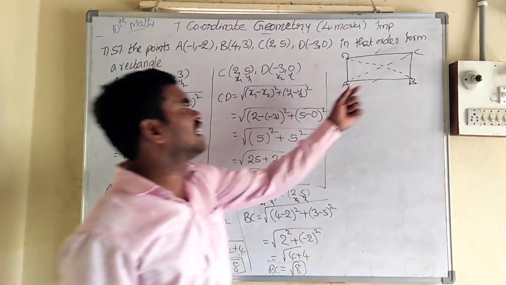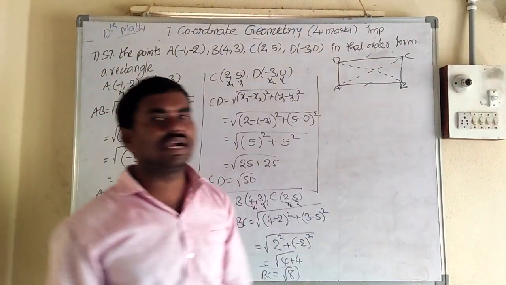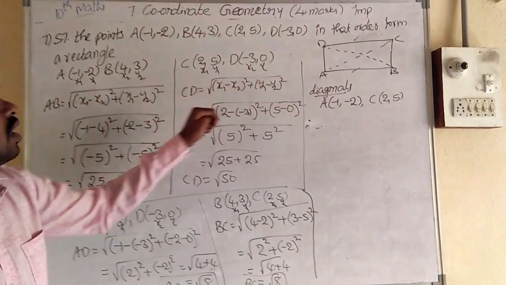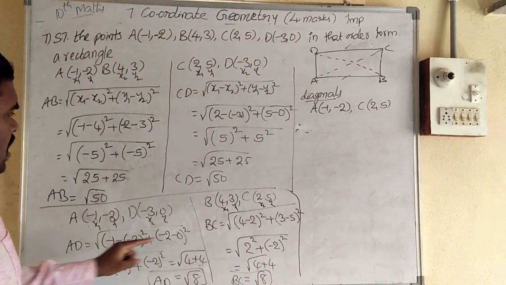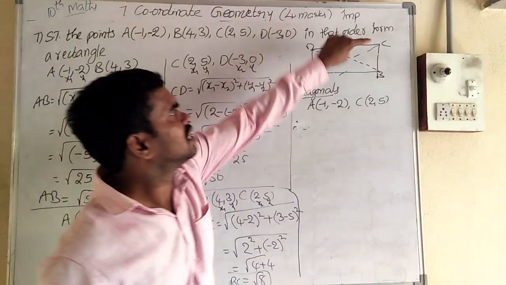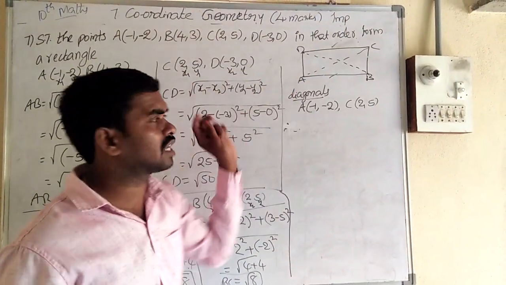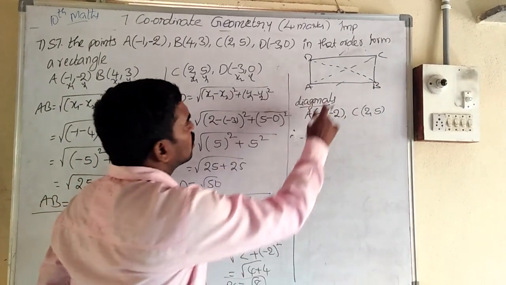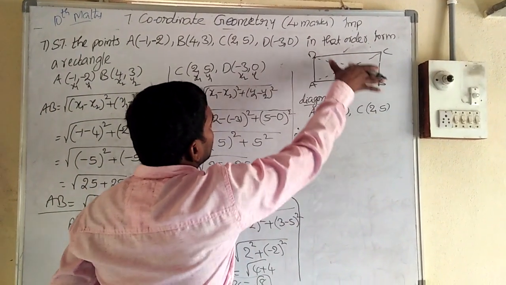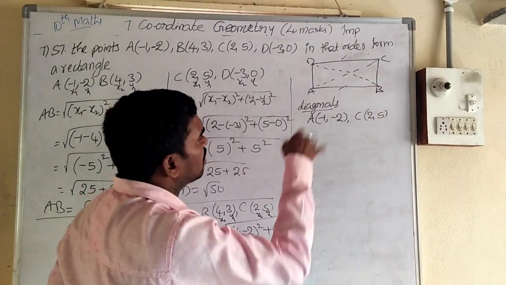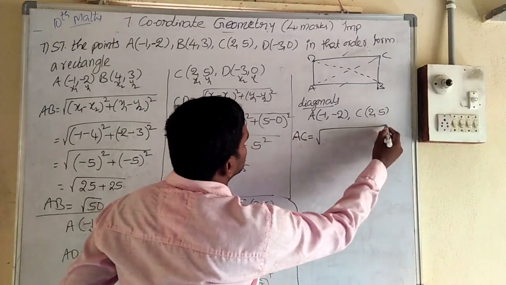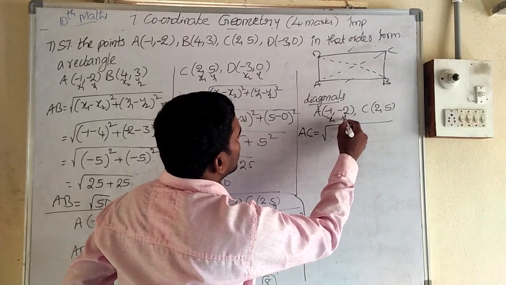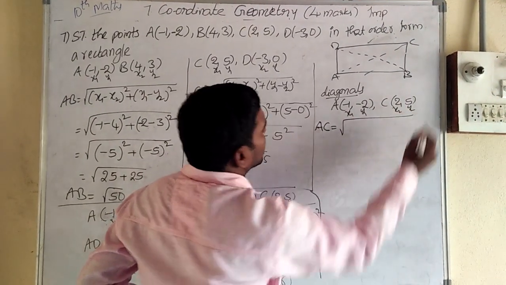And finally we can check. We have to check AC and BD. Okay. We found sides AB, CD, AD, BC. All sides are over. Now we are finding diagonals. What is a diagonal? AC is one diagonal, BD is one diagonal. If both are equal, then it is a rectangle. So AC equal to what? Same distance formula. Taken as x1 y1, x2 y2.